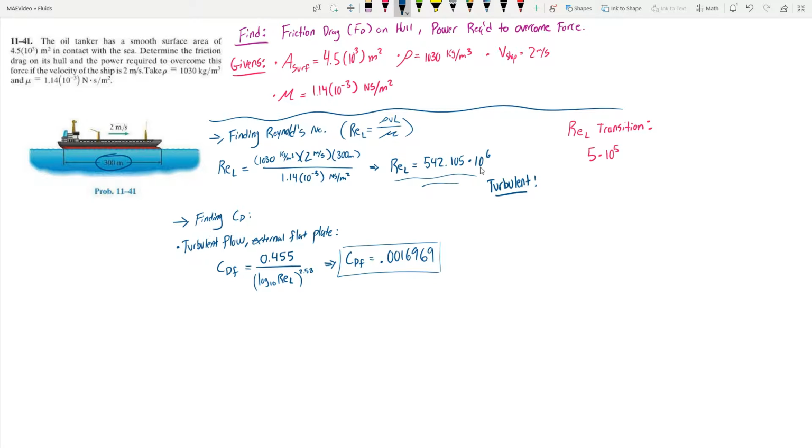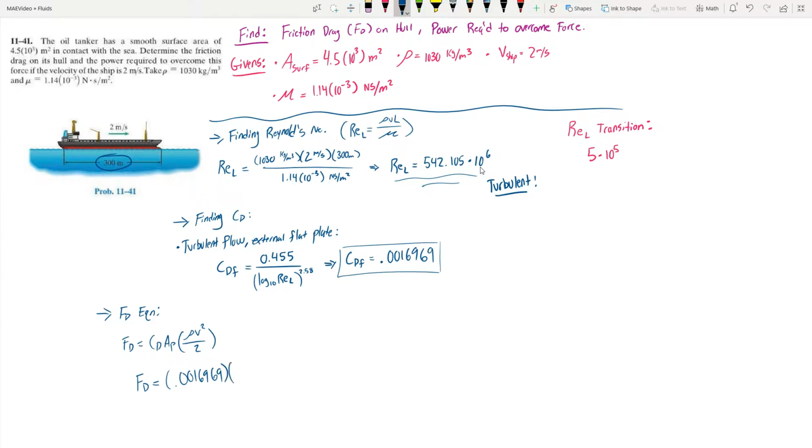Okay. So from here, we would just plug this in to our drag force equation, which we know is just the following. So if we plug values in here, we get that the drag force is equal to 0.00166969.